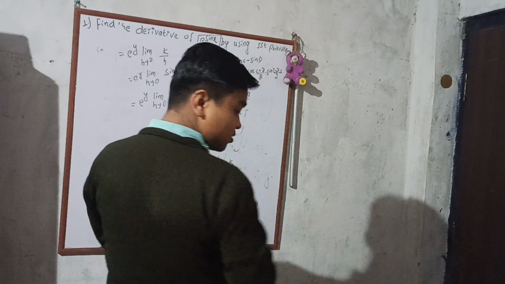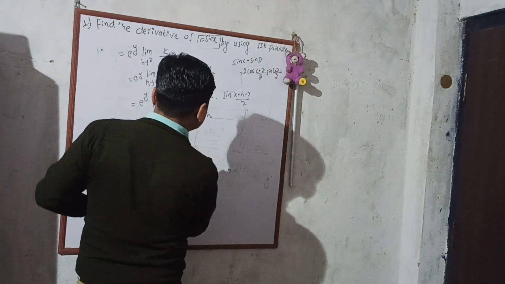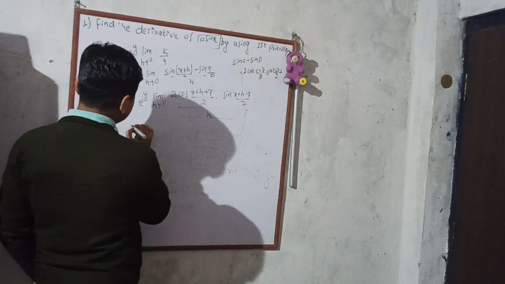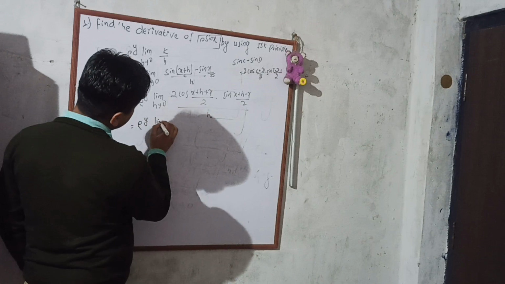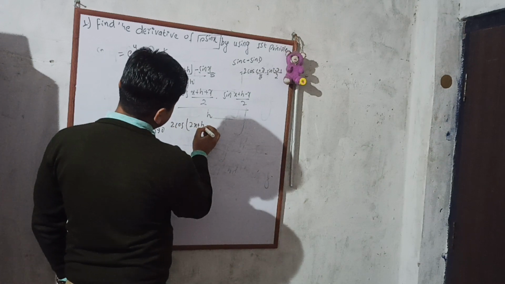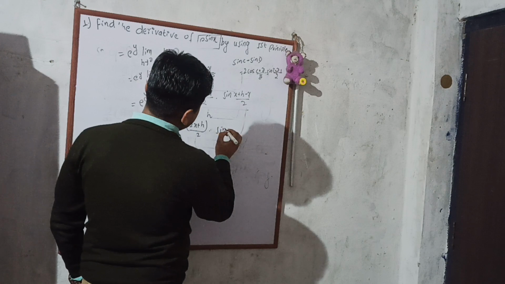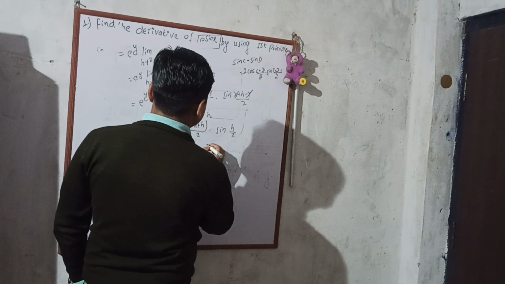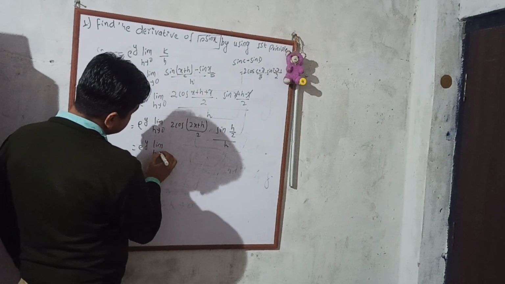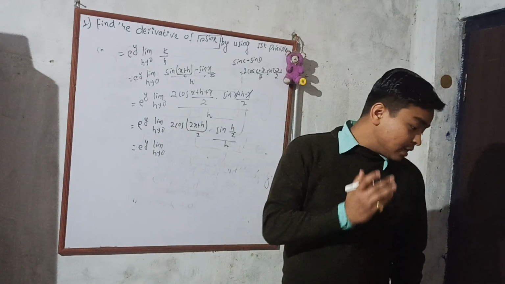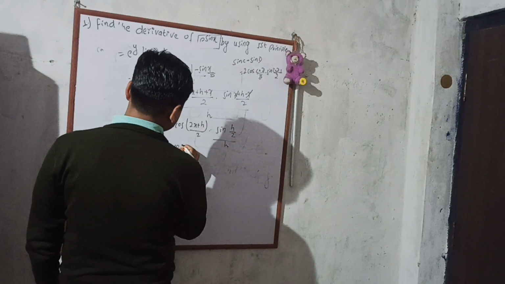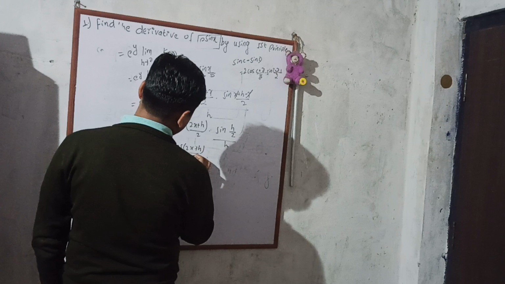After that, it becomes e to the power y, limit h tends to 0 of 2 cos of (2x plus h) divided by 2, into sin of h by 2, divided by h.